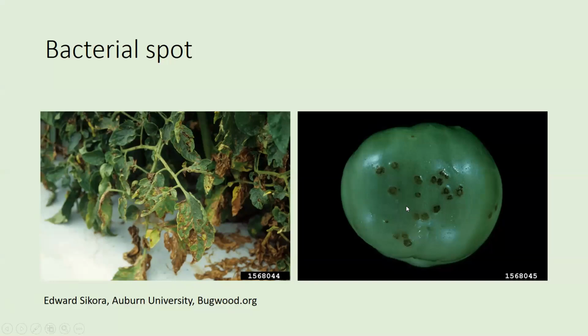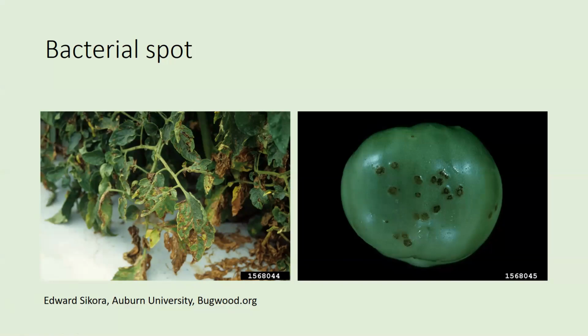To control it, we would like to use fixed copper mixed with mancozeb. There are some plants that have resistance to it, but not all. And it's difficult to control during wet weather because of the way it transfers through water.